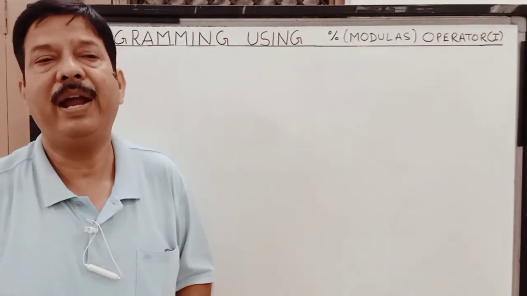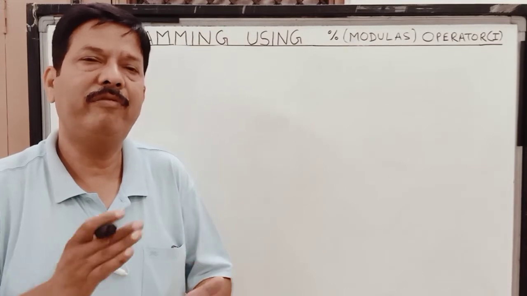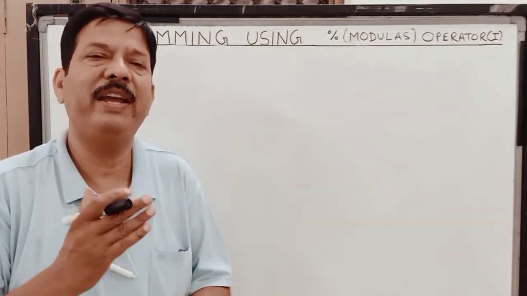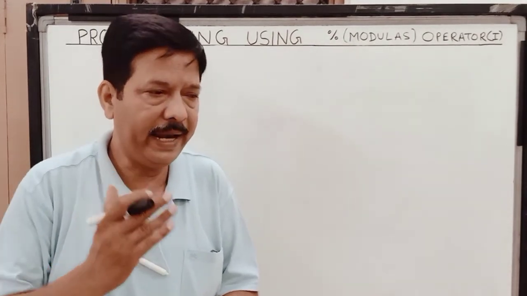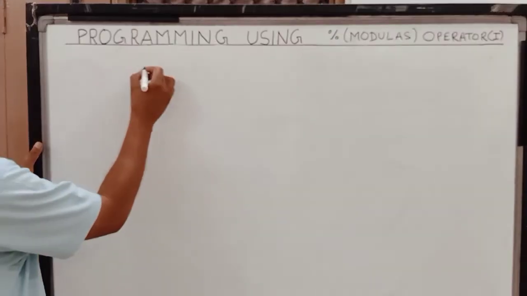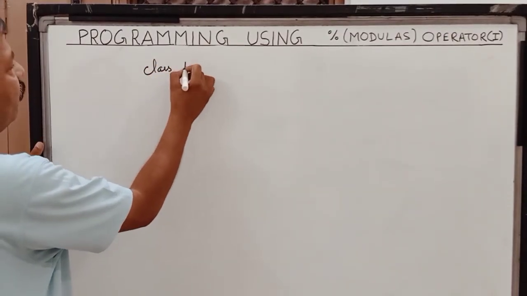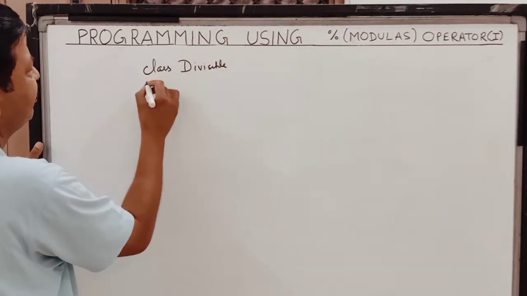So write a program to print all the numbers from 1 to 200 which are divisible by 3 or by 4 and print 8 numbers per line. So children, here again this divisible condition is there, so I am just putting my class name as divisible.